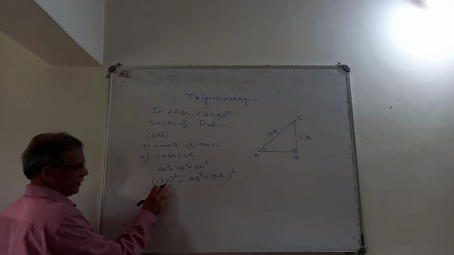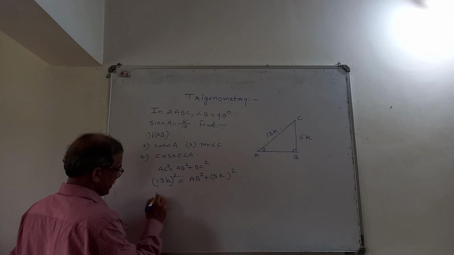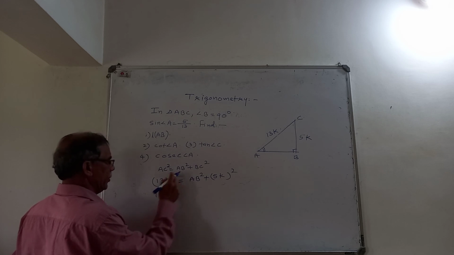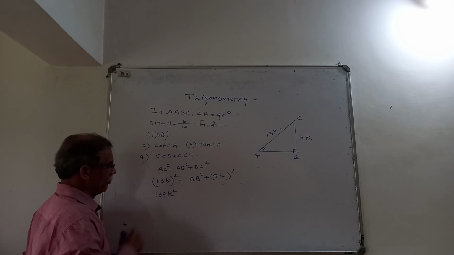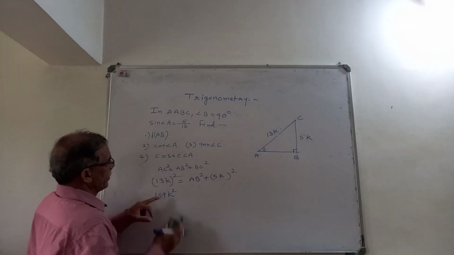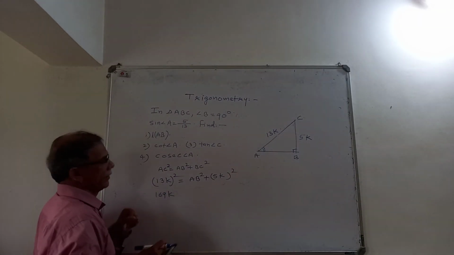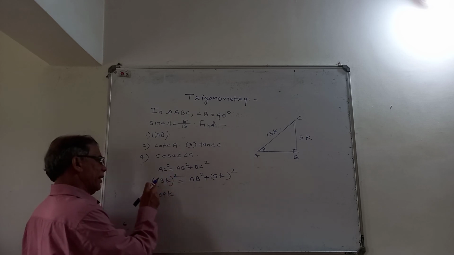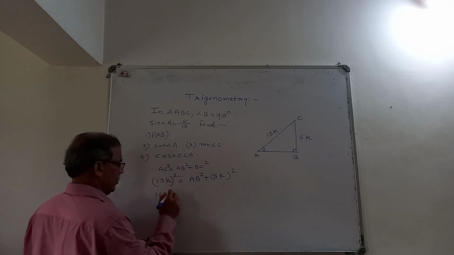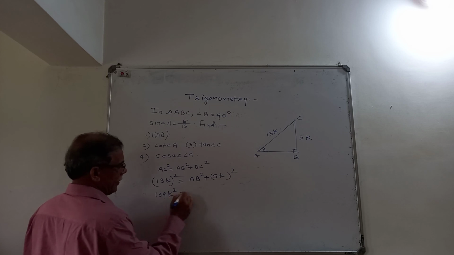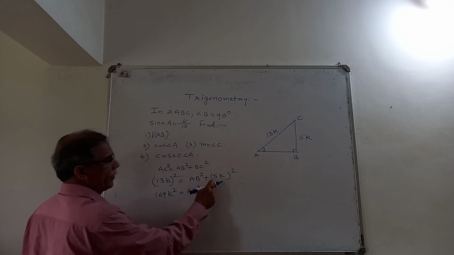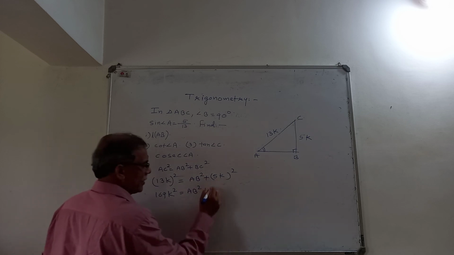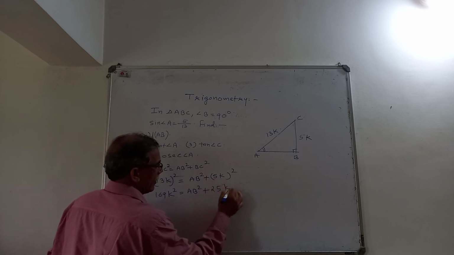Now we have to write a square. 13 square is 169 and k whole square is k square. It is like this. So what you do, you write simply 169k square. This square is applicable to 13 as well as k. So 169k square, which is equal to AB square plus what we write here now, tell me, 5 square 25 and k square.